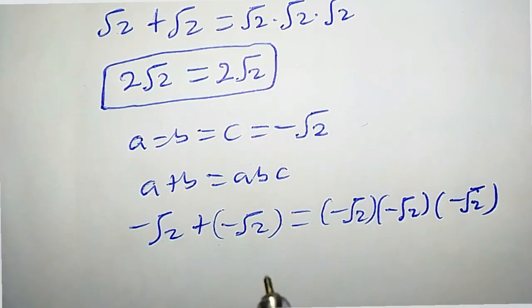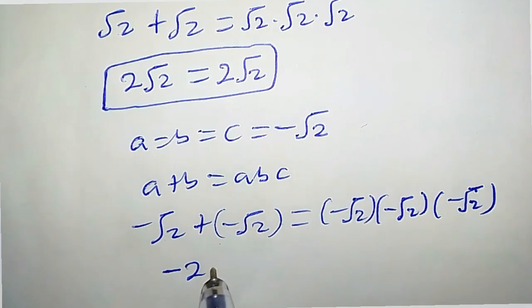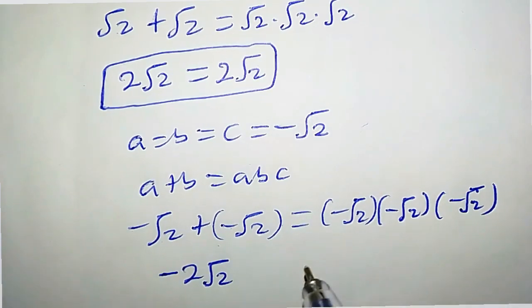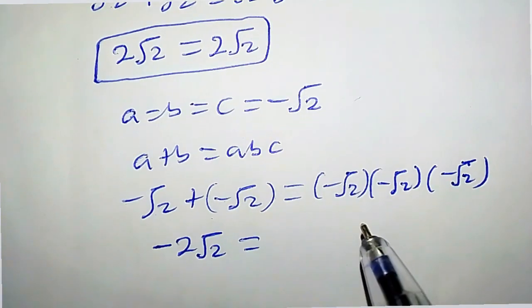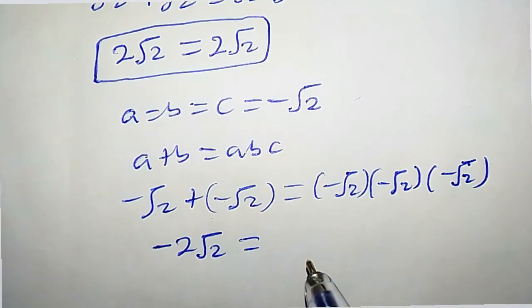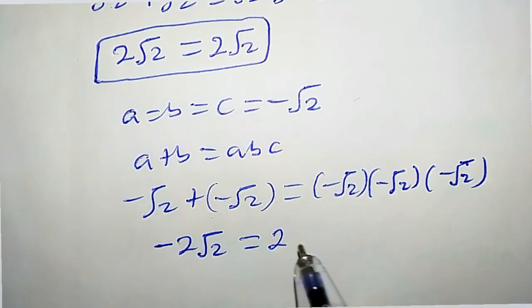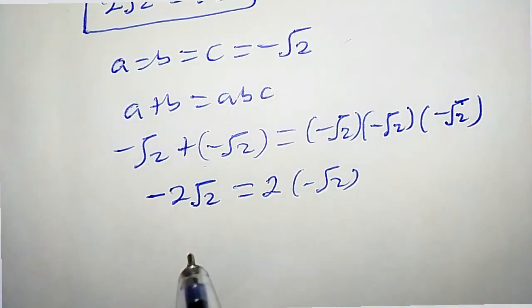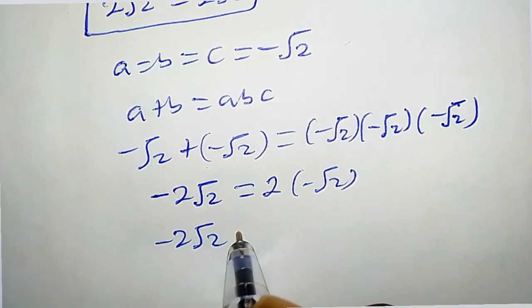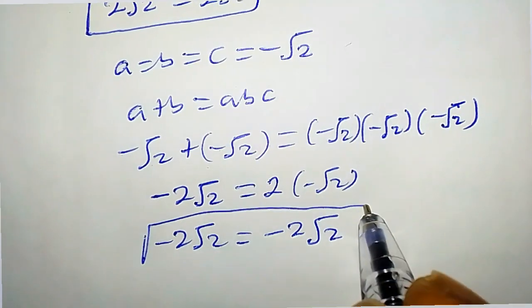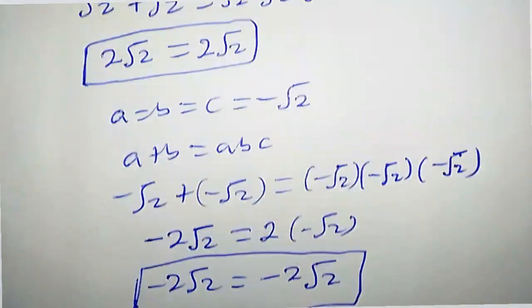Minus root 2 minus root 2, that is minus 2 root 2, because plus times negative is minus. On the right, negative root 2 times negative root 2 is positive square root of 4, and square root of 4 is 2, times negative root 2. So of course, minus 2 root 2 is equal to minus 2 root 2. So indeed, the third value is also true.